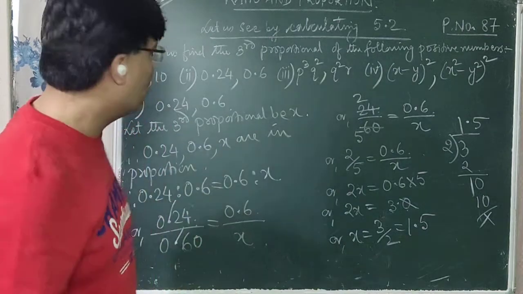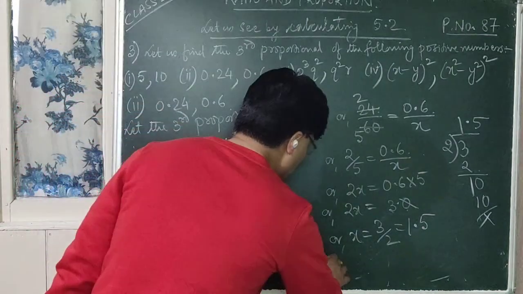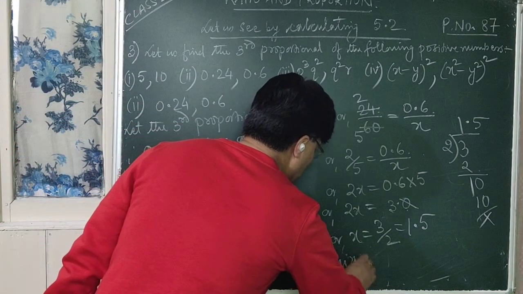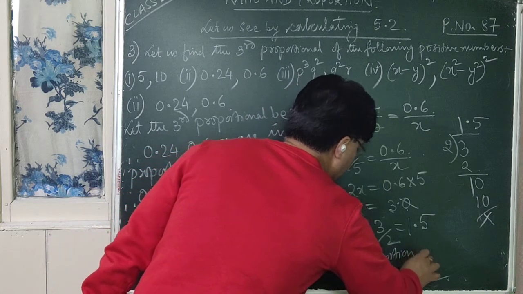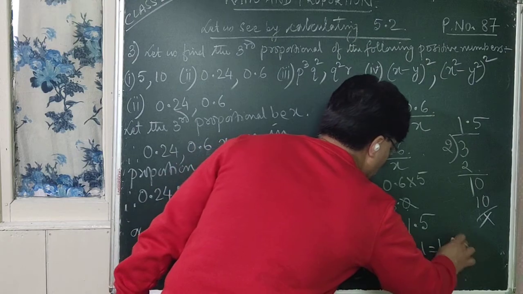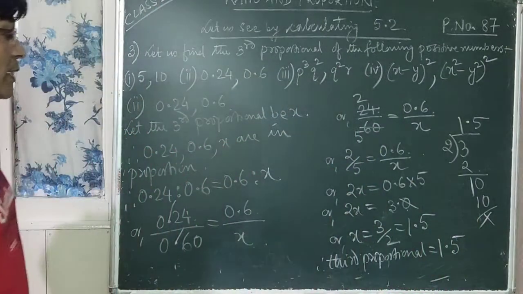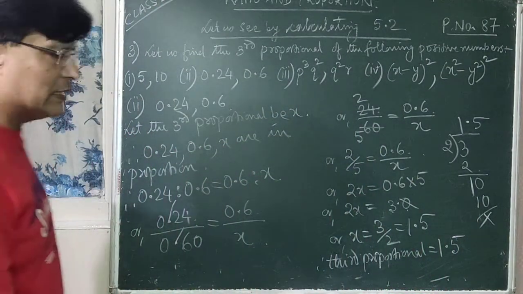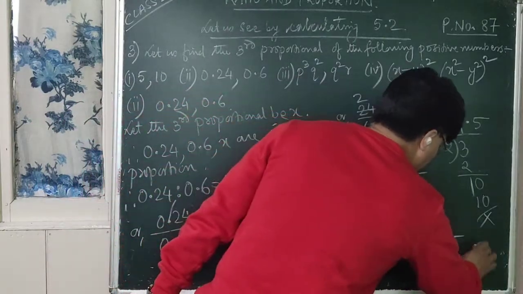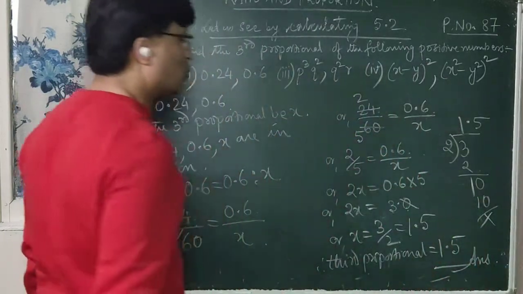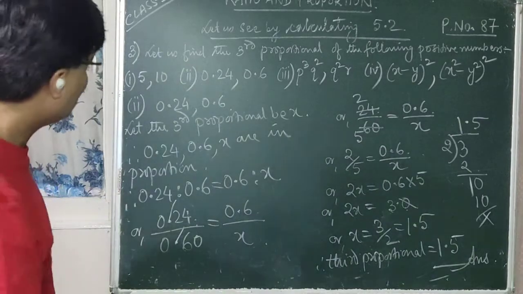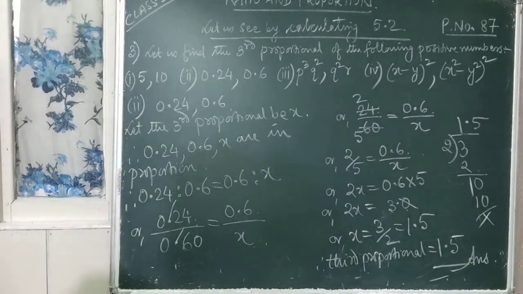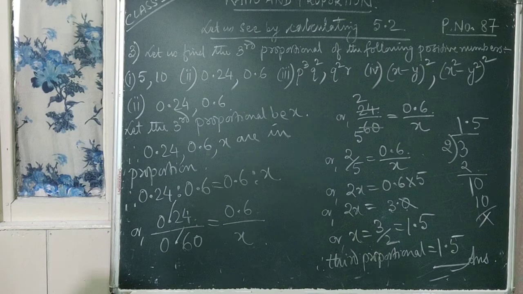It is 1.5. So therefore third proportional is equal to 1.5. So that is your answer. So you can copy it.